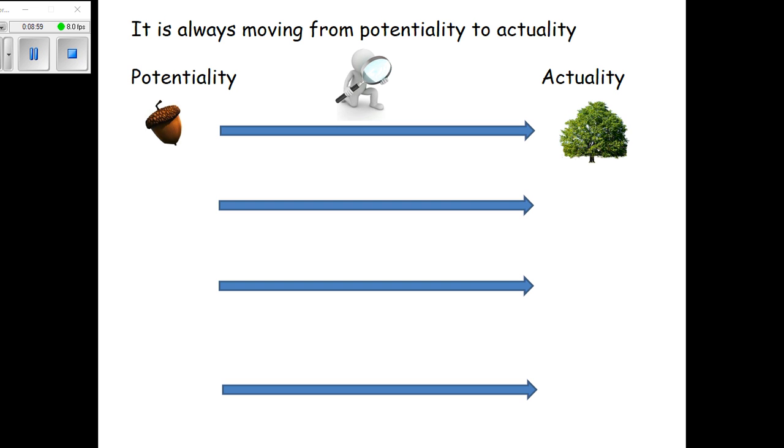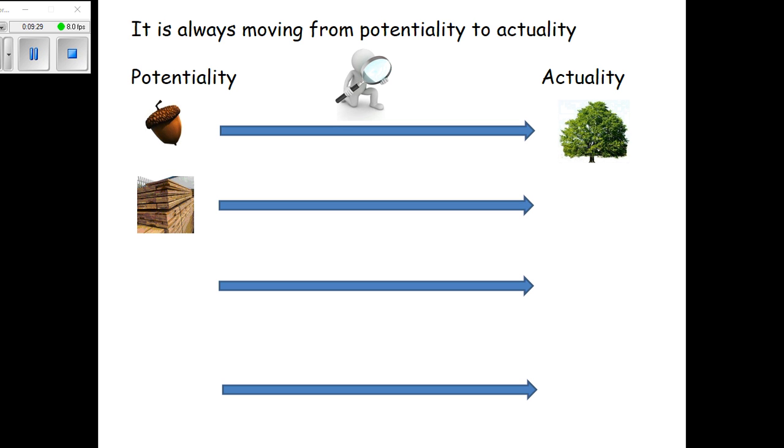Now it's not an oak tree yet, but inside the acorn is the idea of an oak tree, or the form of an oak tree. That's inside of the material, inside the matter. Okay, so the acorn will, if given the correct nurturing, turn into an oak tree. Potential oak tree, actual oak tree.